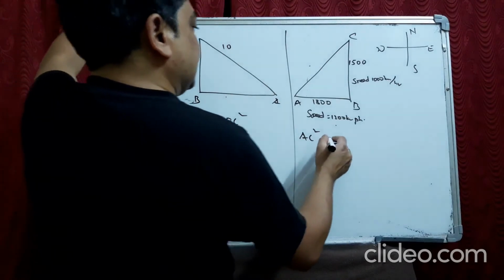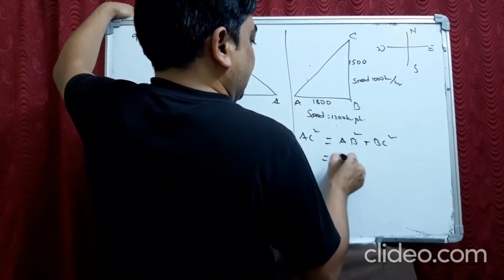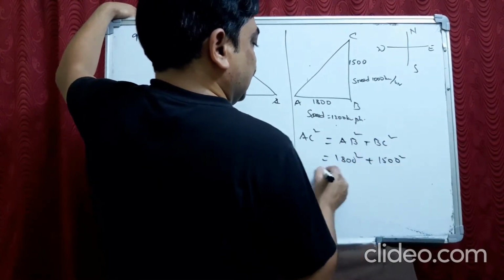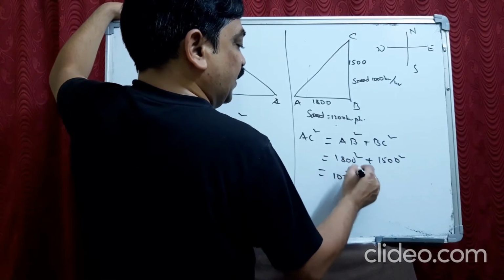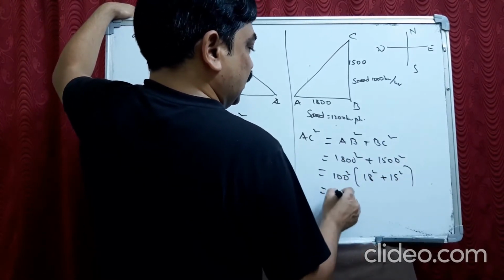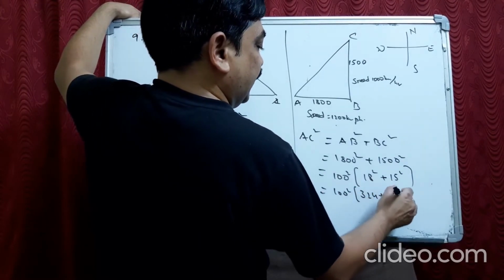So AC square is equal to AB square plus BC square, 1800 square plus 1500 square. So 100 square, if I take common in both of them, 18 square plus 15 square. So 100 square, 324 plus 225.